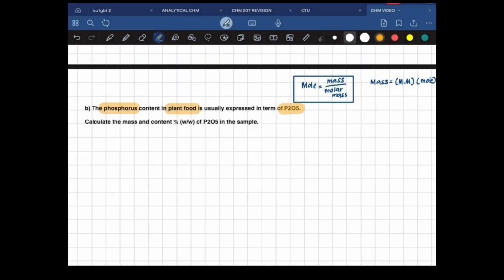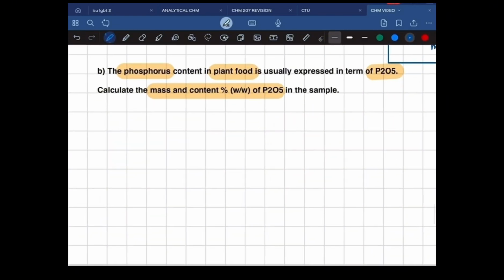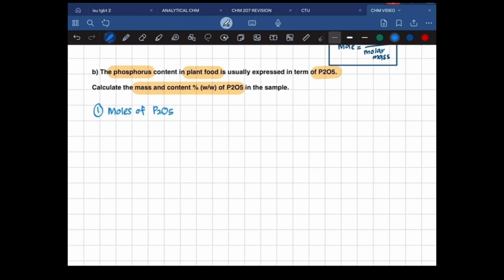In the last question, we need to calculate the content percent weight over weight of phosphorus pentoxide in the sample. We already have the moles of phosphorus pentoxide, which is 1.948 times 10 to the power of negative 3 moles.